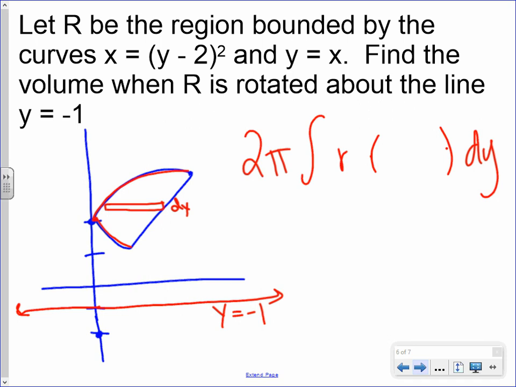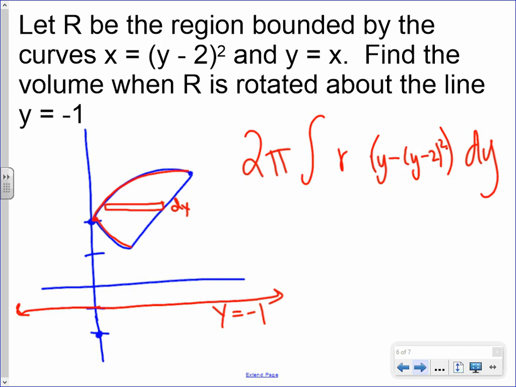So that would be the y minus y minus 2 squared. Okay, good. We're talking about, and it feels more like the length of a rectangle, right? So it kind of sounds weird when I say height, but how long is that rectangle? Right minus left. Okay, that's the height of each of those shells.